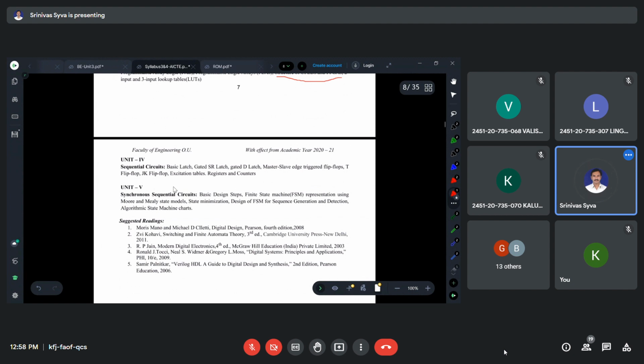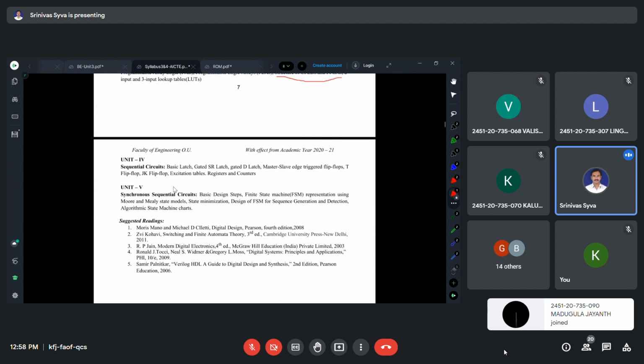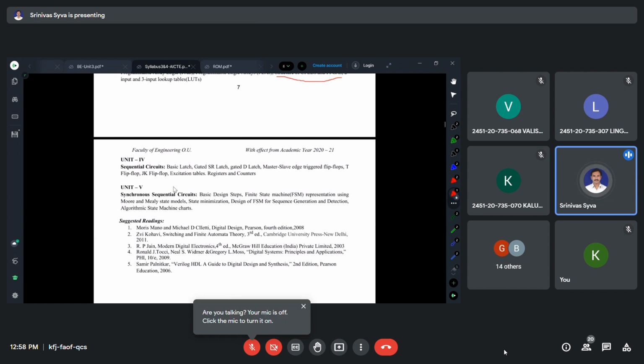So units 4 and 5 deal with sequential logic circuits.